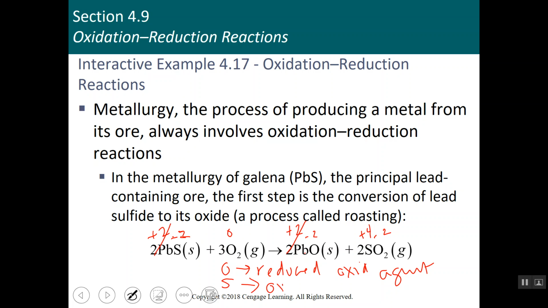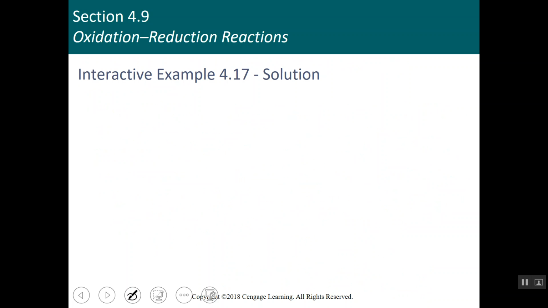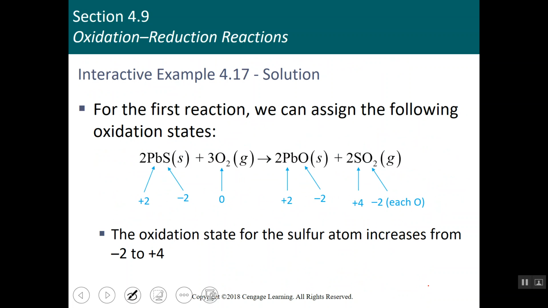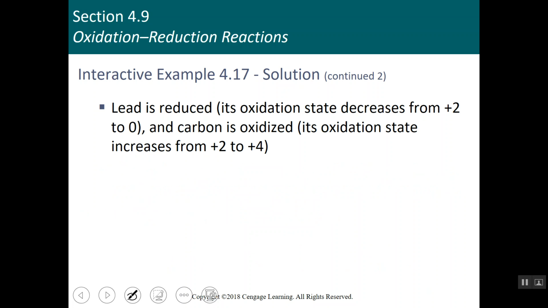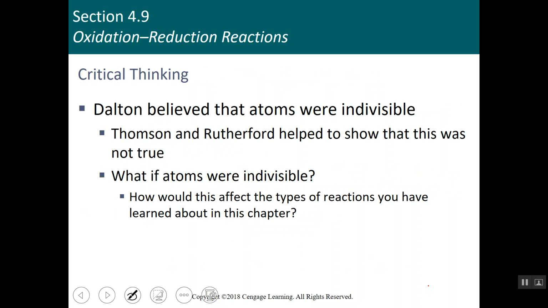Its charge went up, and so it lost electrons, so it was oxidized, and because it donated those electrons, it was called the reducing agent. This does take a while because you do have to assign oxidation states, and then you have to process what's going on. Again, these slides are taking you through the process of what we just did.